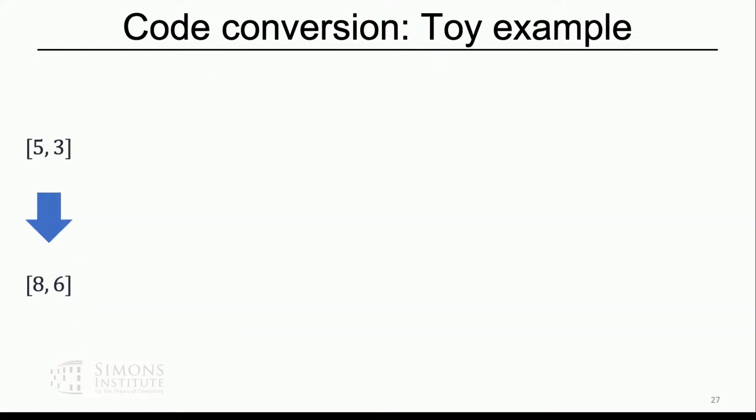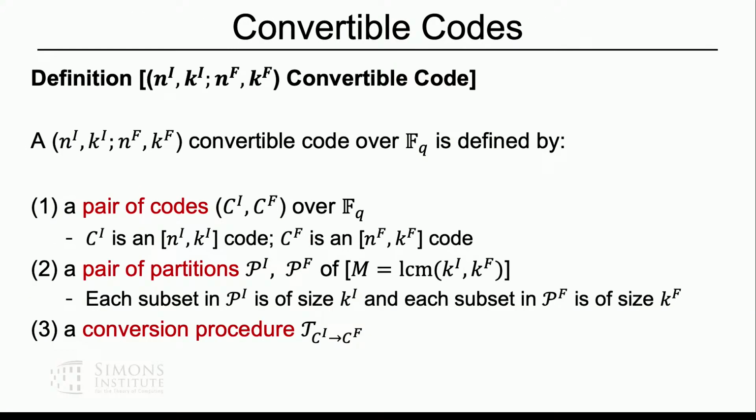And all this is while meeting decodability requirements. For example, later on, I'll be limiting attention to both C_I and C_F being MDS, maximum distance separable. Some decodability constraint has to be maintained, both in the initial code as well as in the final code.